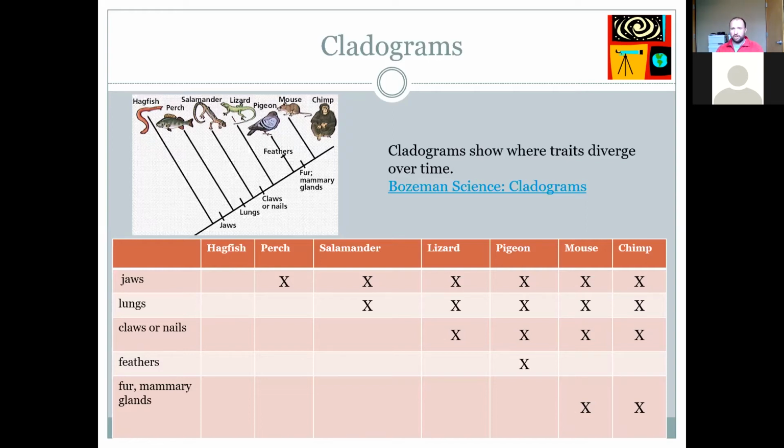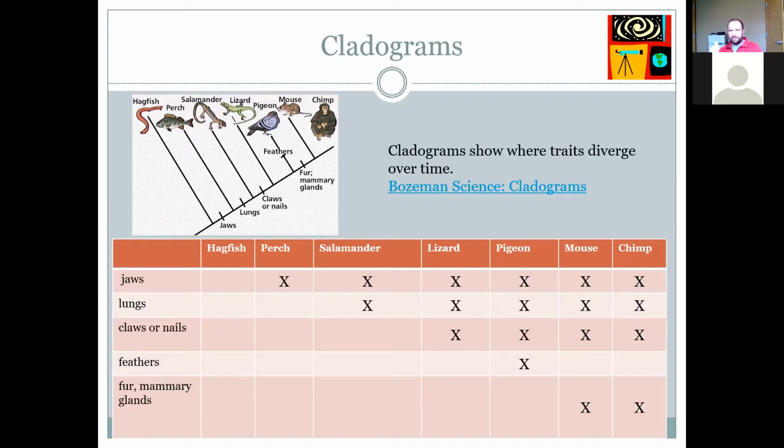Okay? So as we move down the line, right, you kind of see where we're going here. As we go from lizard to pigeon or fill in the blank, right, any bird, the big difference is birds have feathers. Birds also have wings, right? So birds now can fly, which means they can go from place to place much faster and more efficiently than a lizard or something without wings.